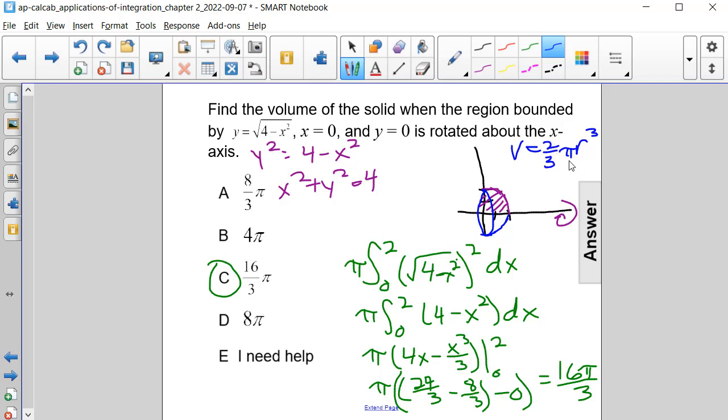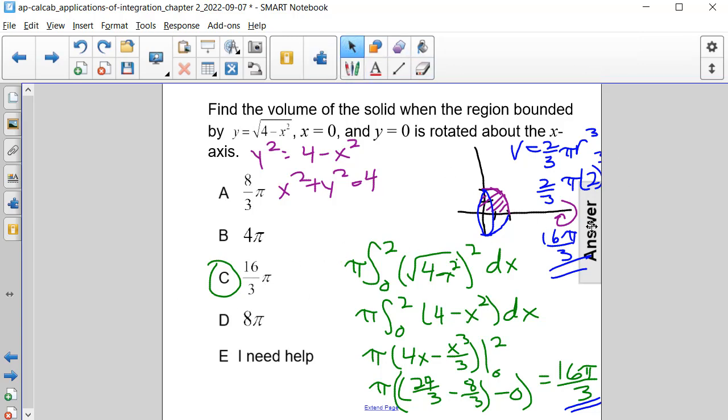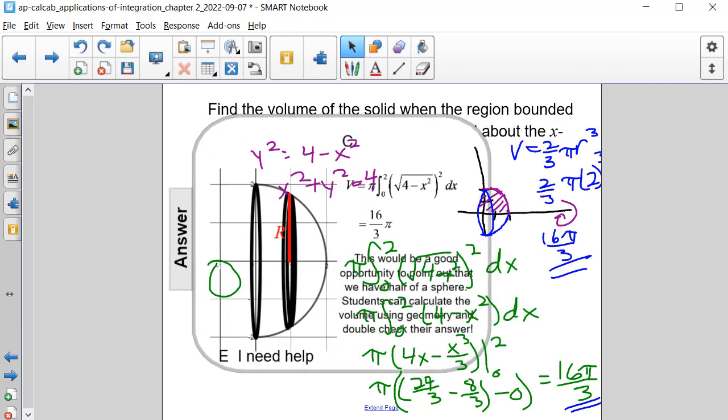So if we substitute our radius of 2 in there, we have 2/3 pi times 2 to the third. We get 8 times 2, which is 16 pi over 3. So notice we get the same exact answer, whether we use the integral or the volume formula for a sphere, since it ended up being equivalent to that, or the volume formula of a hemisphere. So that's answer choice C.